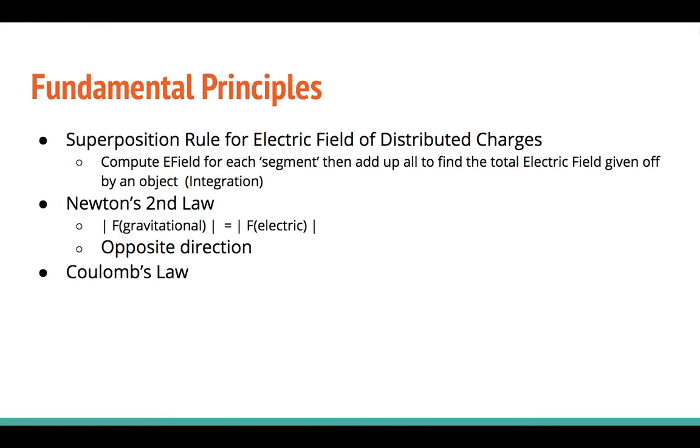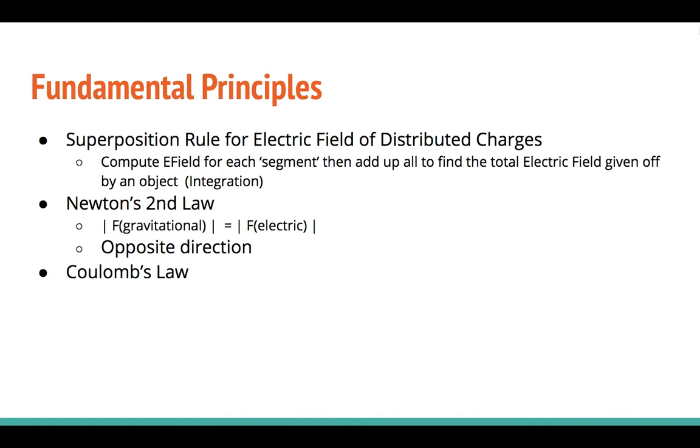Some fundamental principles: first, the superposition rule for electric field of distributed charges. This is the principle that you can compute the electric field for each segment and then add it up to find the total given off by an object. We see this when we calculate it by hand in the form of integration.